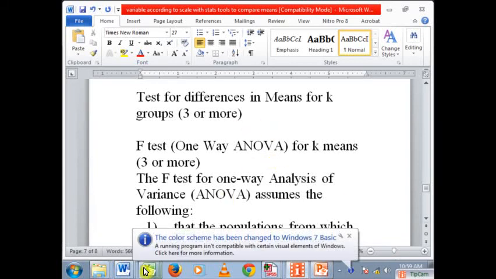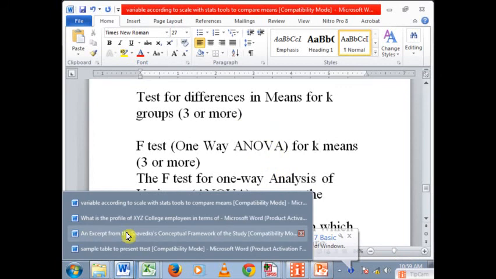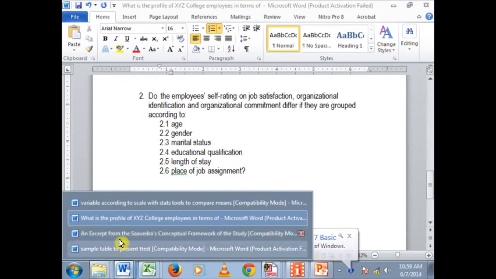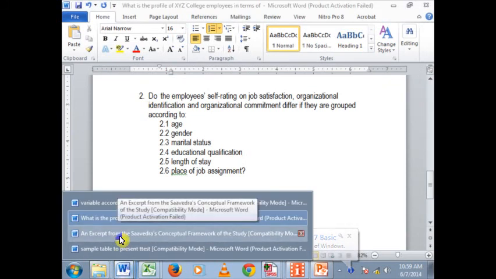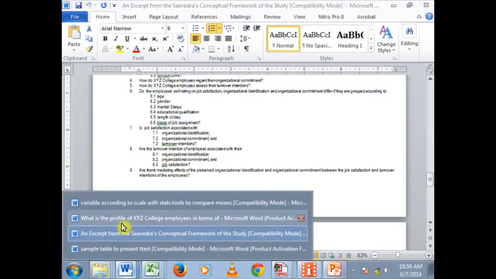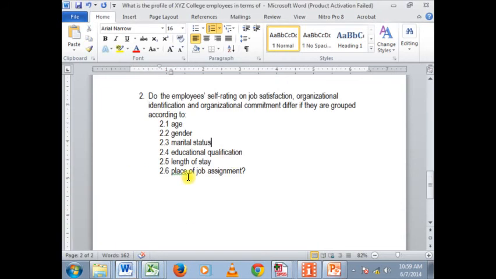In our study, we already have something like... yeah, that's the one, right? If you look at this, some of this cannot be used with a t-test, right?